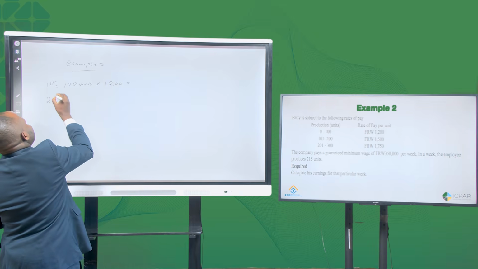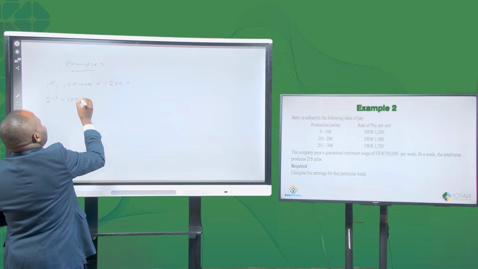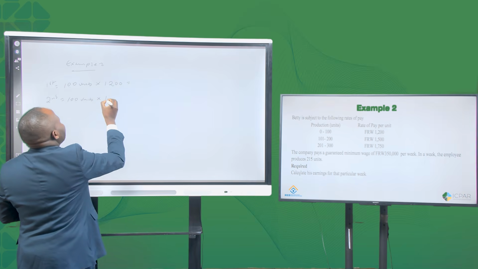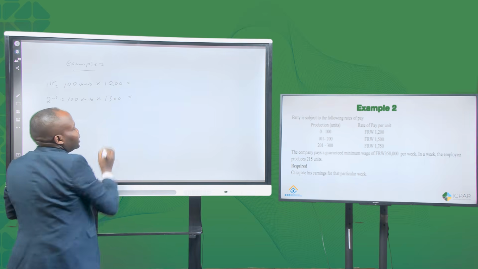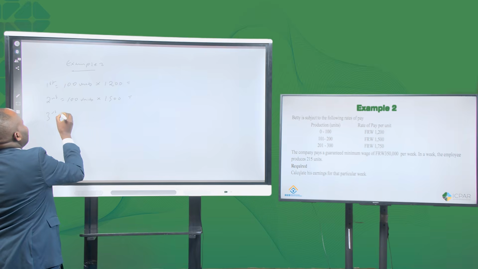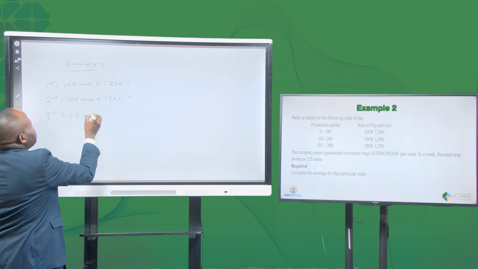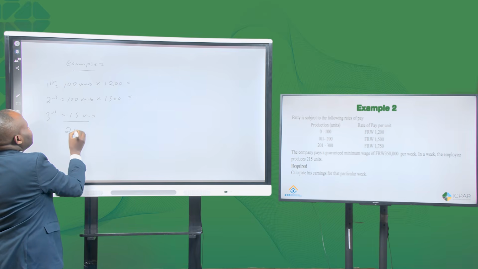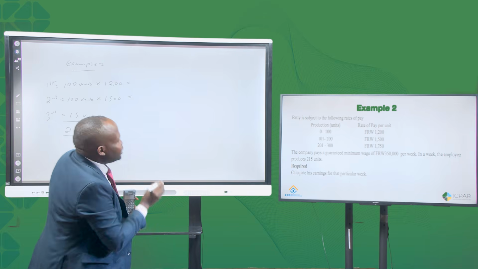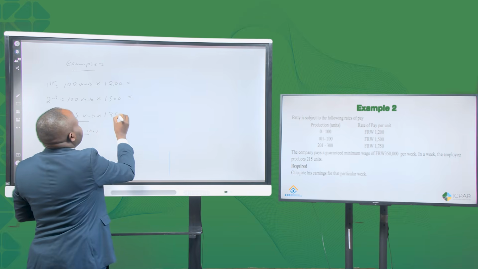There is the second 100 units and the rate of pay is 1,500. And there is the last 15 to make it 215. Third is the last 15 units, so that if you add, it comes to 215 units. And the last one is paid at 1,750.